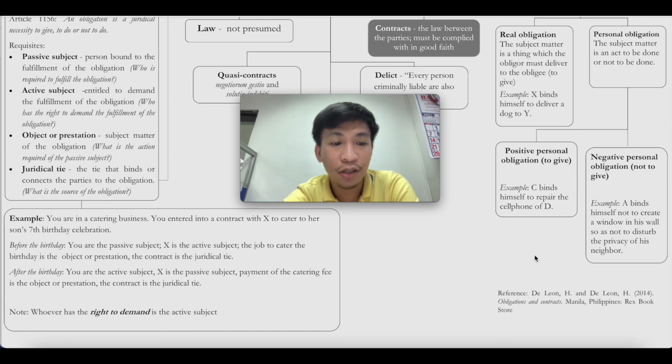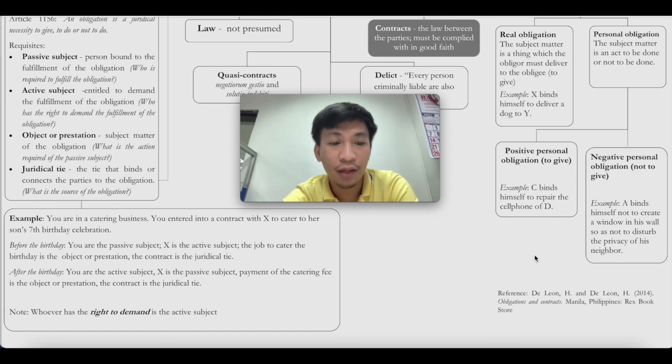Now, the object or prestation is the payment of the catering fee. Is that a real obligation or a personal obligation? It is a real obligation because she has to give you something. That is money, right? So that is a real obligation.